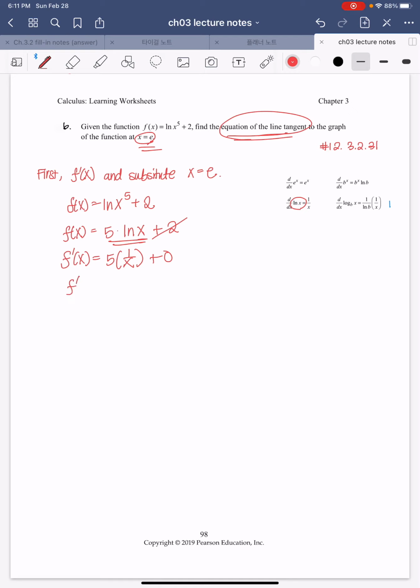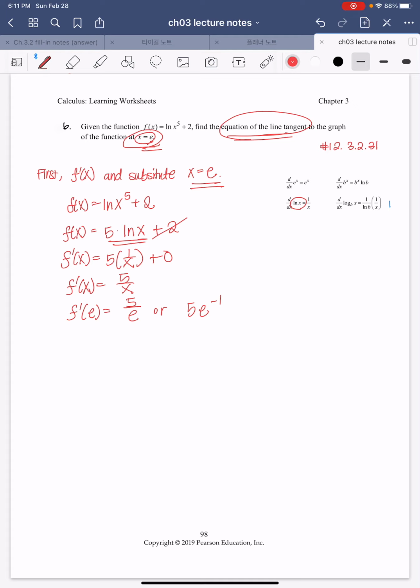So my f prime of x will be 5 over x. Now we are given x as e, so let's substitute that. So f prime of e will be 5 over e. You can write it this way, or this is also fine, 5e to the negative 1. Either one is fine. Okay.